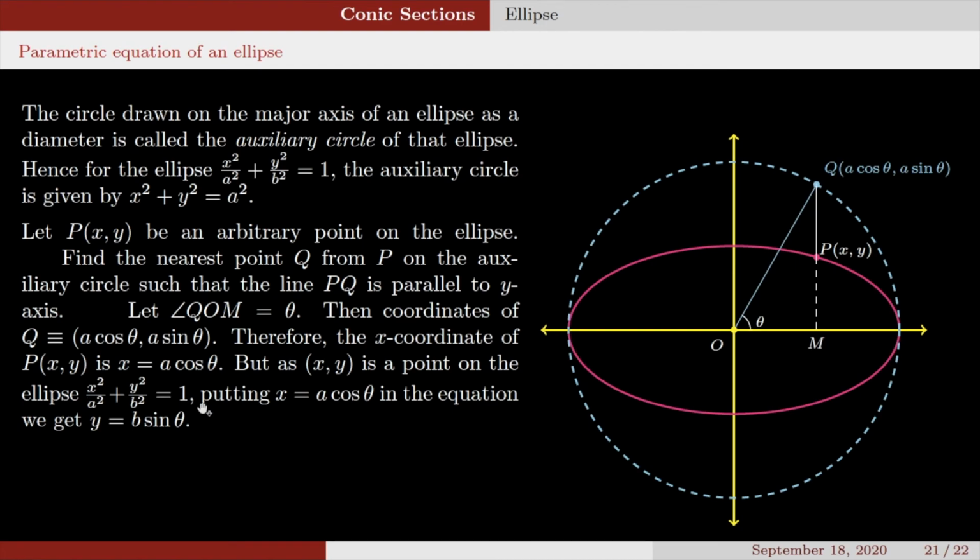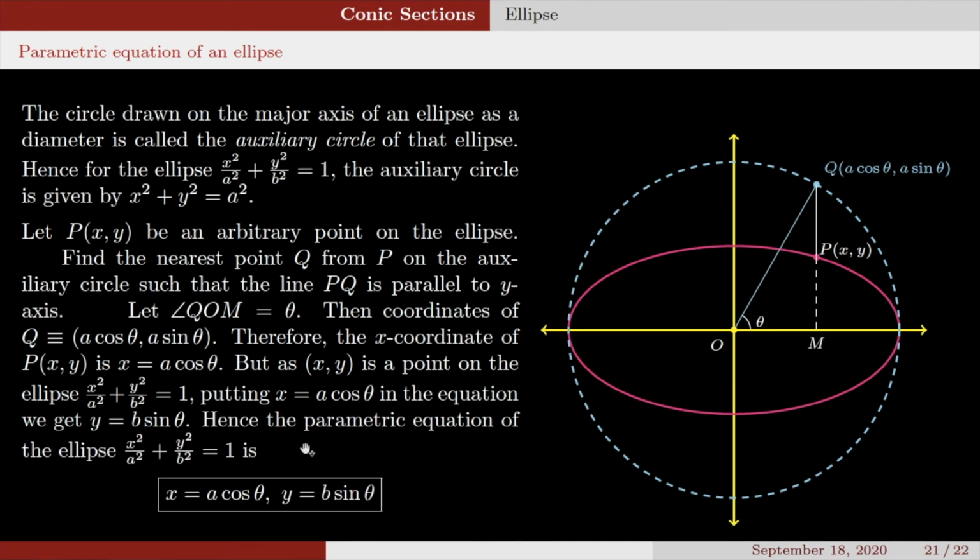So cos square theta goes this side, so y square by b square equals 1 minus cos square theta, and 1 minus cos square theta is sin square theta. So y square by b square equals sin square theta, so y equals plus minus b sin theta, of course. If we take the positive one, we get y equal to b sin theta. Hence, the parametric equation of the ellipse x square by a square plus y square by b square equal to 1 is x equals a cos theta, y equals b sin theta.